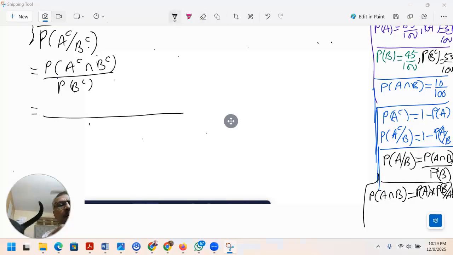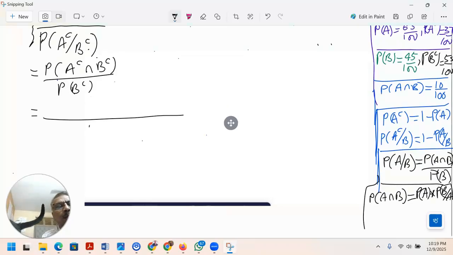So let me continue using the conditional rule of probability. This will be probability of A complement times probability of B complement when there is A complement.